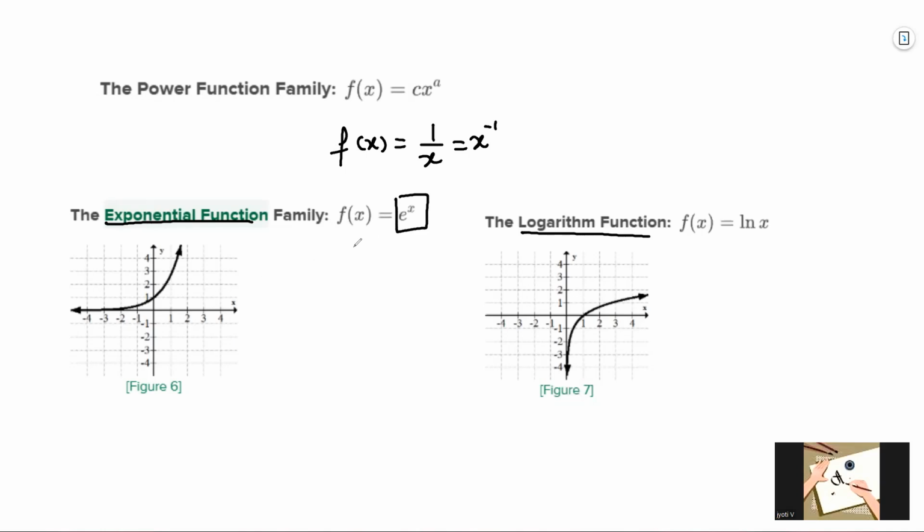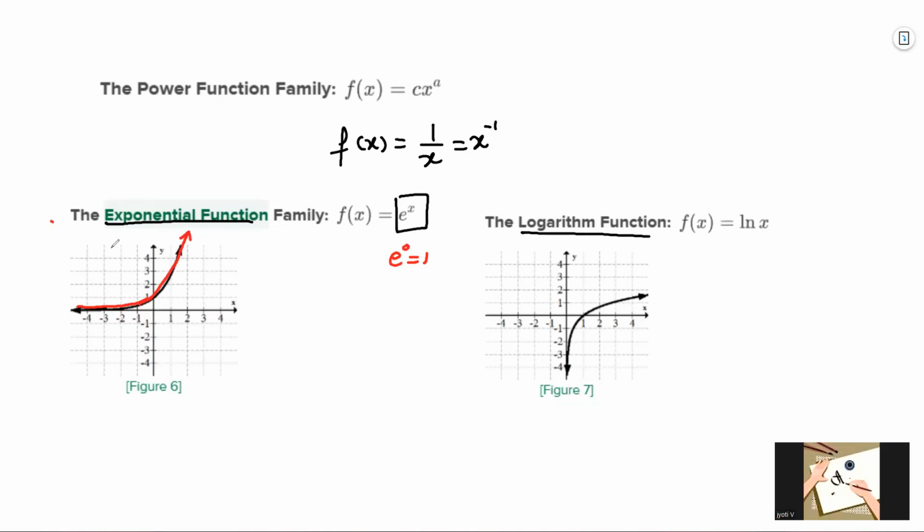So likewise, the graph will tend to go as close as possible to the x-axis, but it never touches the x-axis. And here, if x is 0, e to the power 0 is 1. That's why its y-intercept is 1, and it is a rising curve.